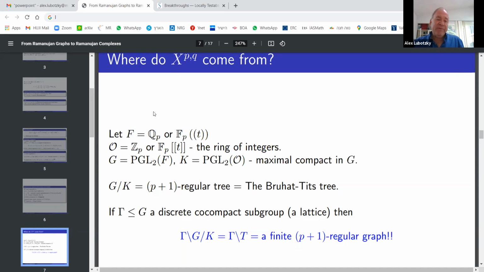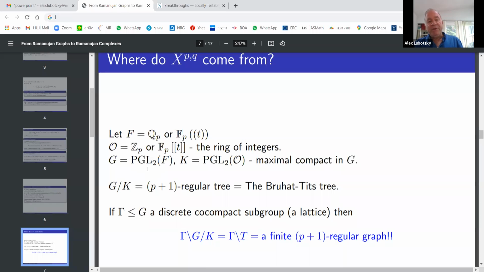Okay, let F now be the field of p-adic numbers, or you can take the characteristic p analog, the local field of Laurent power series over F_p. Let O be the ring of integers in F, either the p-adic integers or F_p[[T]].